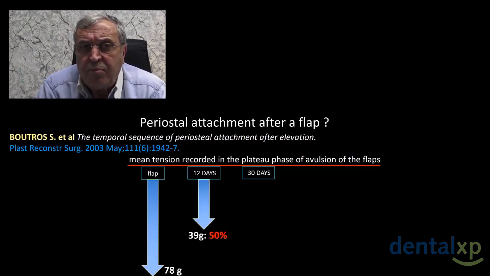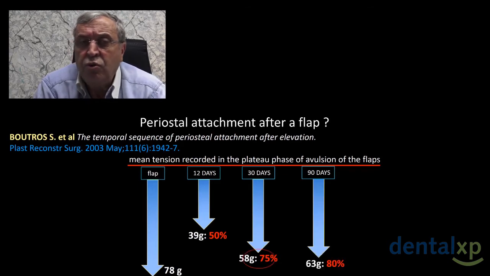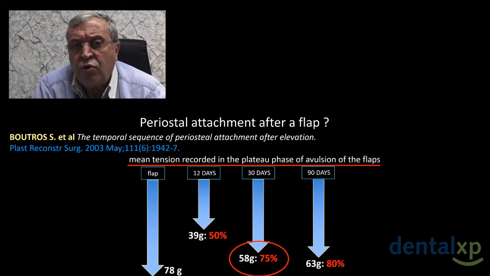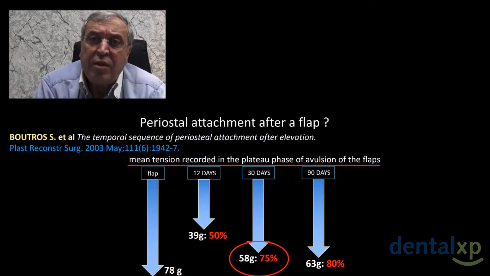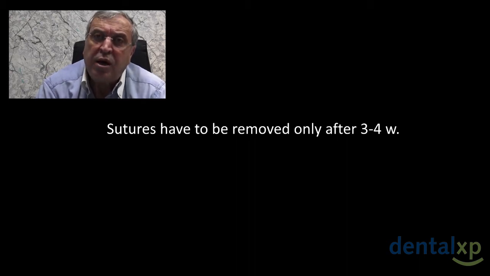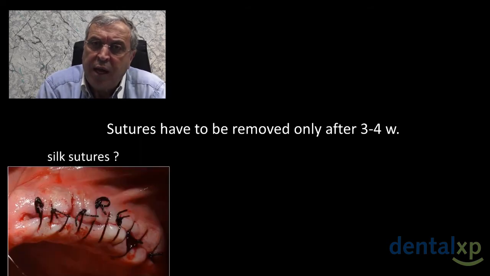Usually when we do a flap, we need a certain force to remove it, but after 12 days, 1 month or 3 months, we see that the reattachment takes a long time, at least 1 month. And then we have to stay with the suture for this time to be sure that the periosteum is fully attached to the bone again.